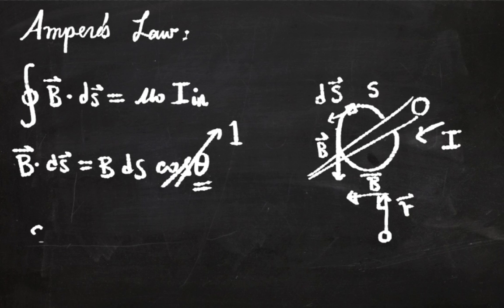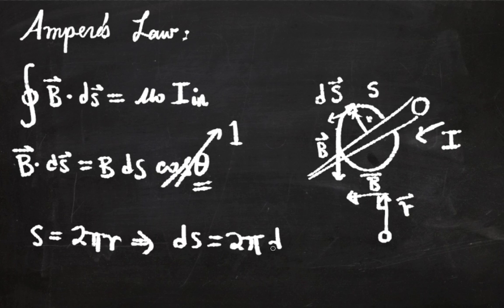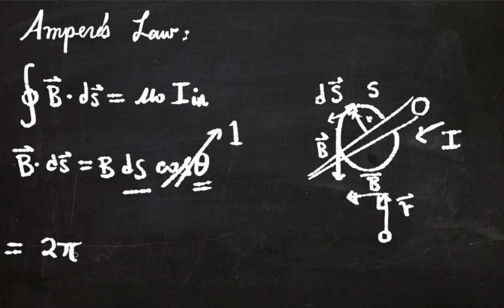Furthermore, since the entire loop S is 2 pi times r for this radius r, that means ds is 2 pi dr. And we can substitute this in for ds. And that gives us 2 pi times B times dr.